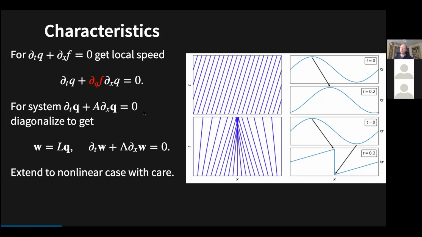Now, at this point, we have to appeal to a crucial aspect of the conservation laws that we're dealing with. We have to assume that they are hyperbolic.